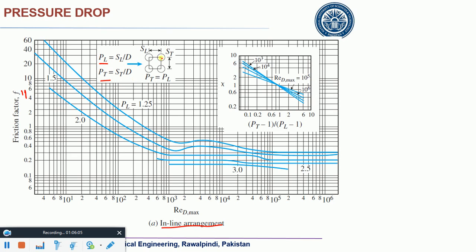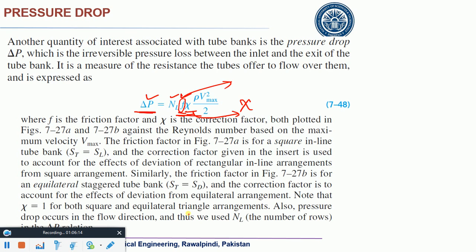Just look at these parameters, find out the appropriate curve, find out the appropriate friction value against some Reynolds number and put it over there.